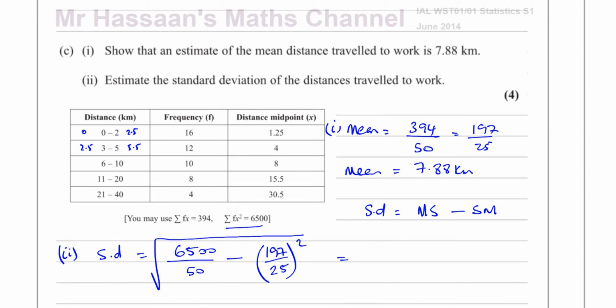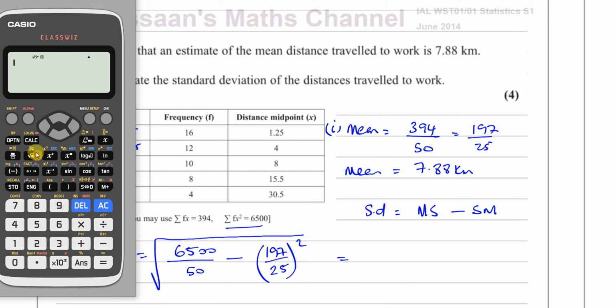Okay, so now if I take this and I find the square root of 6,500 over 50 minus the square of the mean, so minus 197 over 25. Close that bracket and then square that.